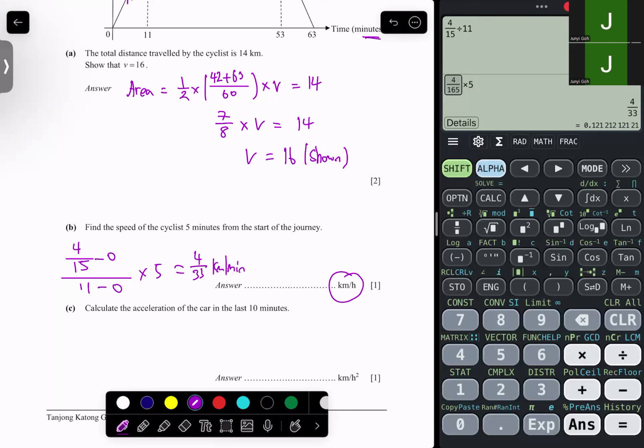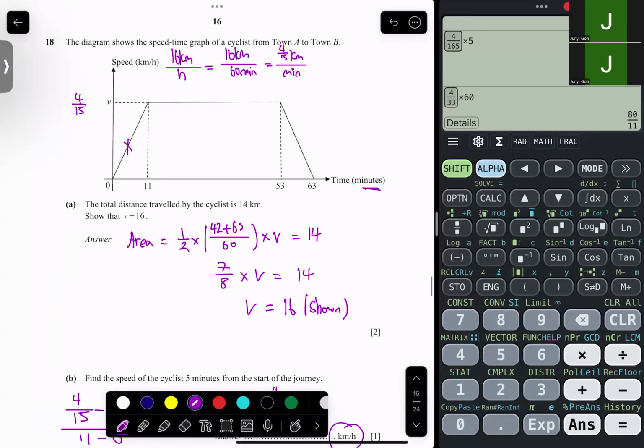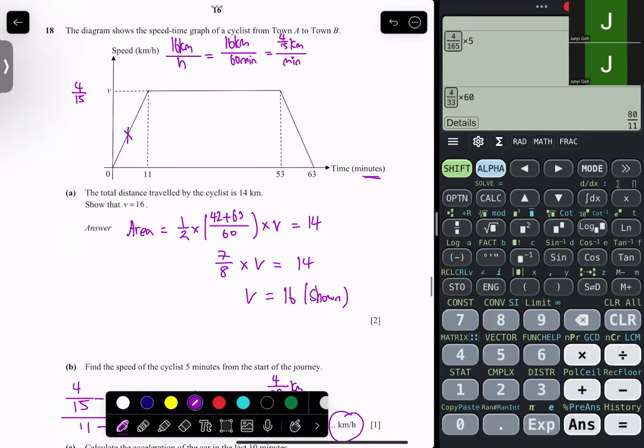So that will be 4 over 33 kilometers per minute times 60.